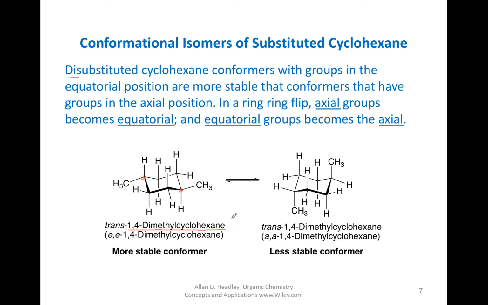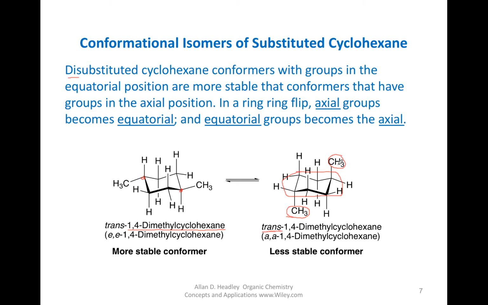Okay, so let's start with this one. You can see that this methyl group here and this methyl group here are on opposite ends of the cyclohexane plane. So we describe this as trans.